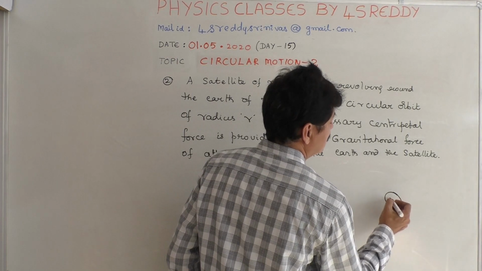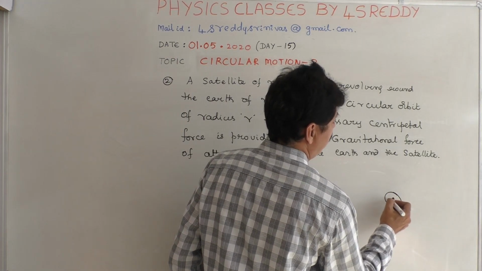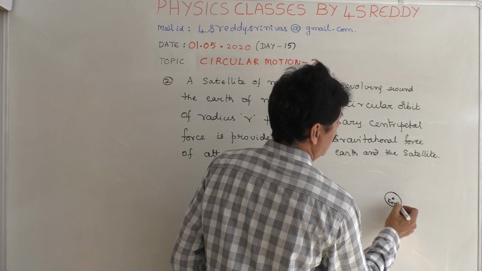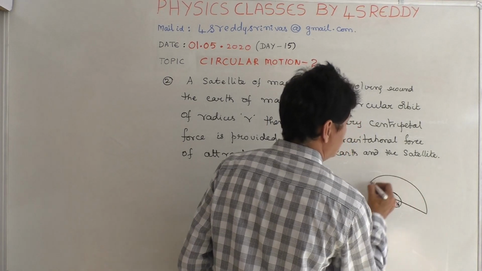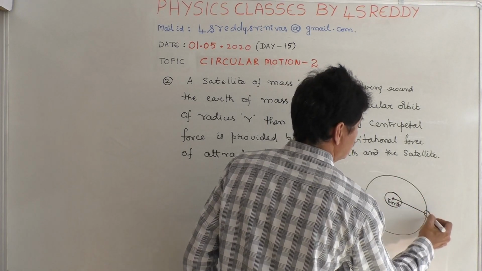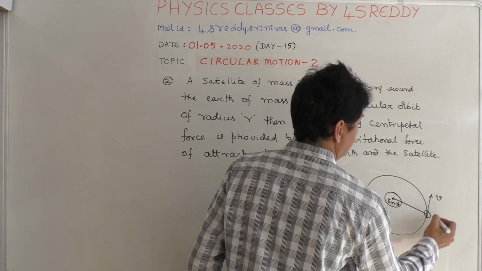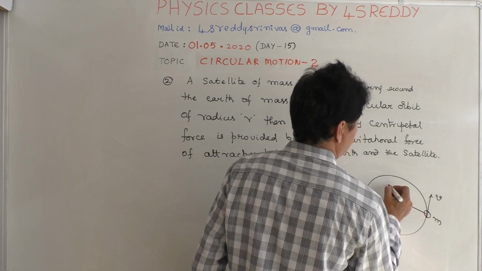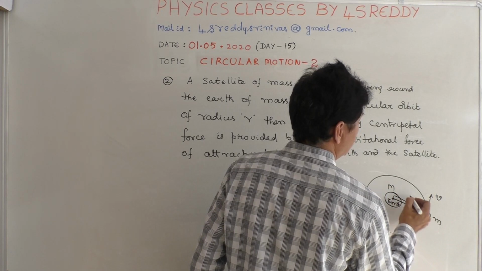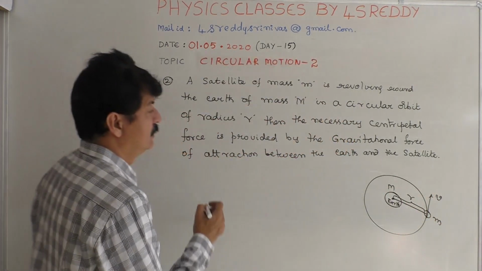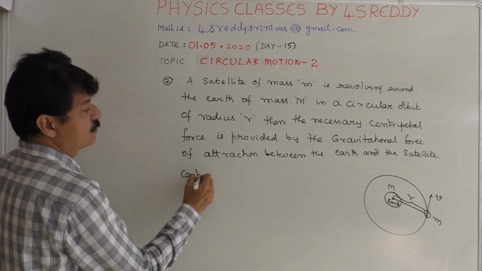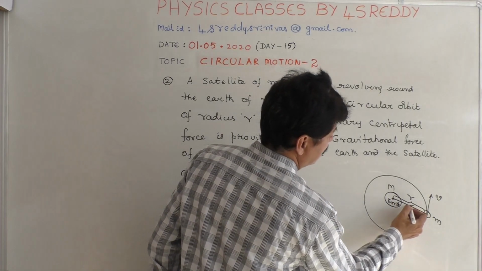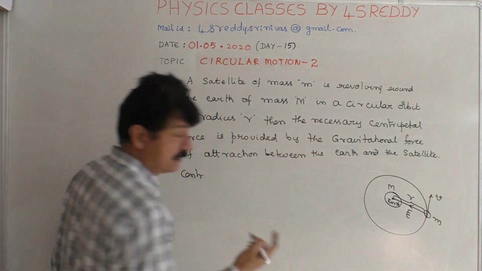Suppose this is the earth and the satellite is revolving around like this, moving with velocity v, having a mass small m, and this is having a mass capital M, and this is r. Then the centripetal force, because this will be attracted by this, is directed towards the center.